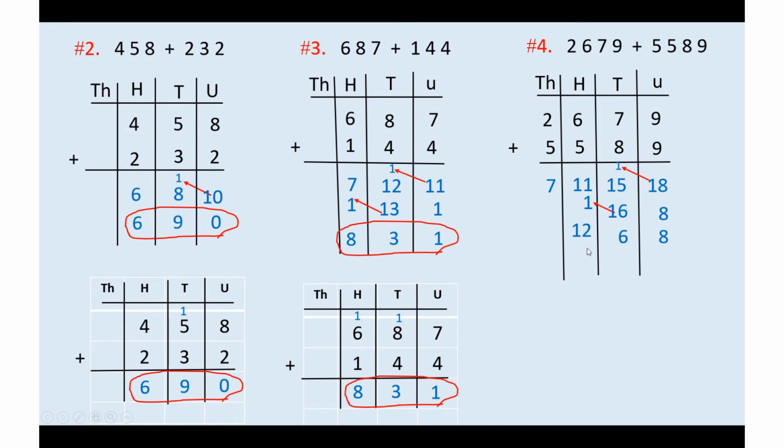So we leave 2 here and carry this 1 over to the thousands column. We are done with 8 and 6. So we keep 2. 2 is 200 and this 1 stands for 1000. We bring it over to the thousands column. So we have 7 plus 1, which is 8. So our answer is 8,268.